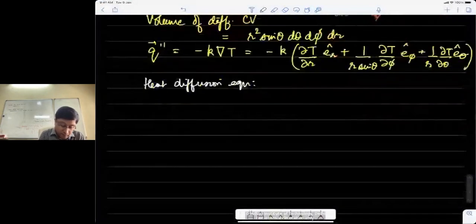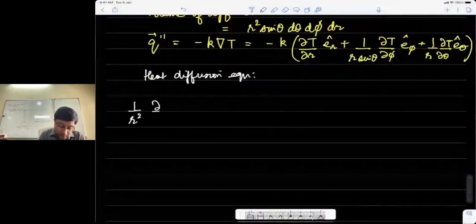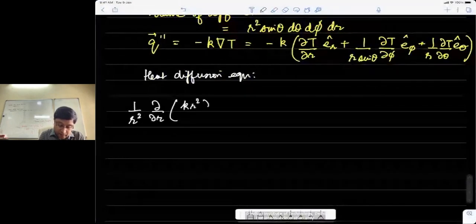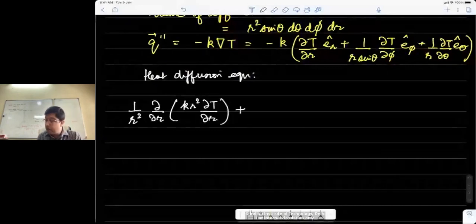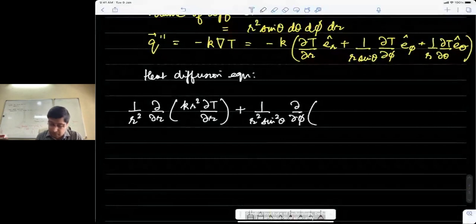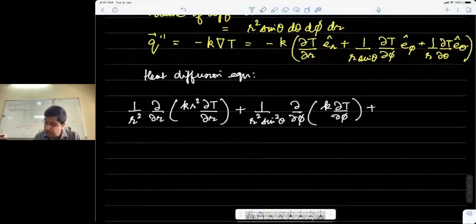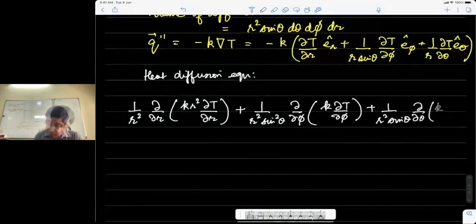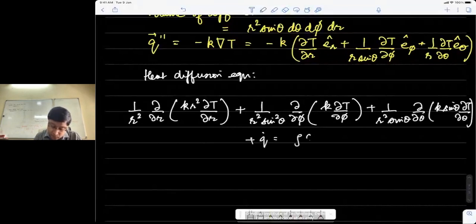It will actually come out to be 1 by r square d/dr of k r square dT/dr, plus 1 by r square sine square theta d/d phi of k dT/d phi, plus 1 by r square sine theta d/d theta of k sine theta dT/d theta, plus q dot equals rho cp dT/dt.